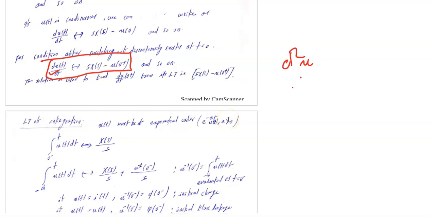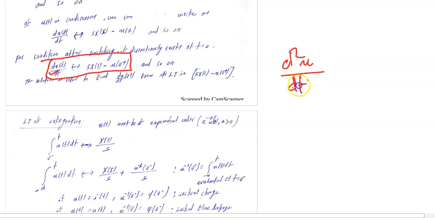For the second derivative, when you consider d square x upon dt square, simply extend it. If you don't remember, it can be extended. For example, d upon dt of dx upon dt.